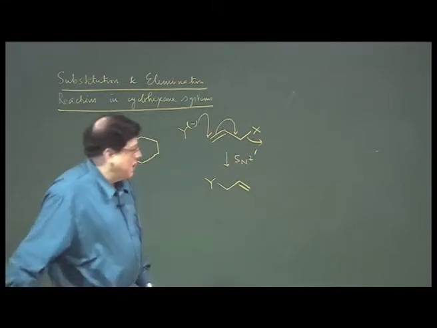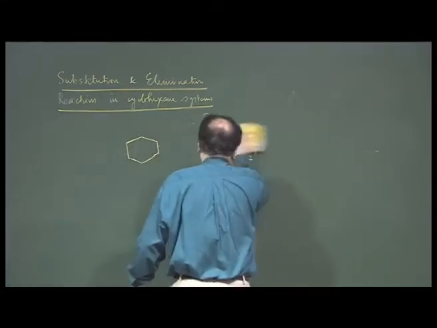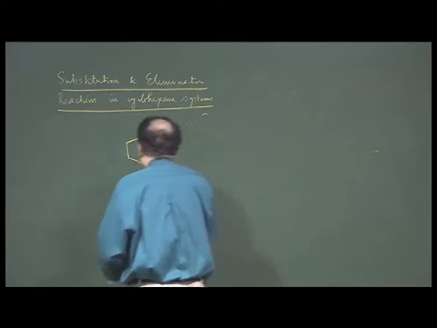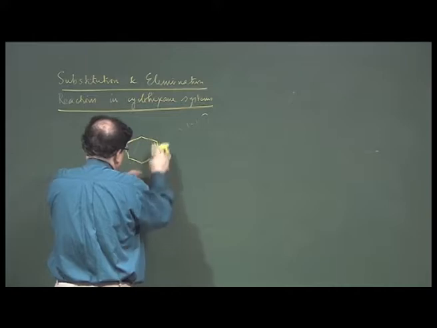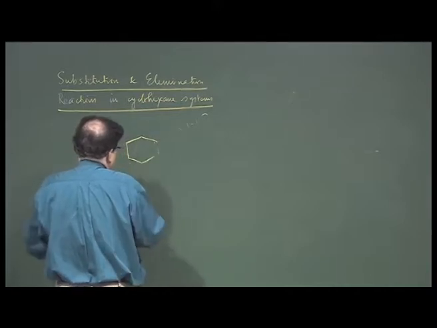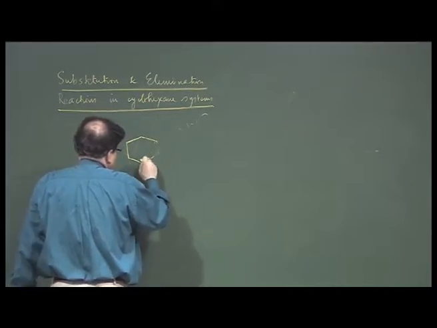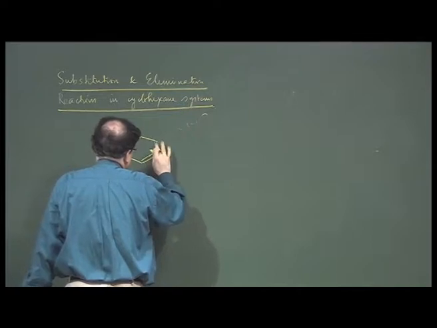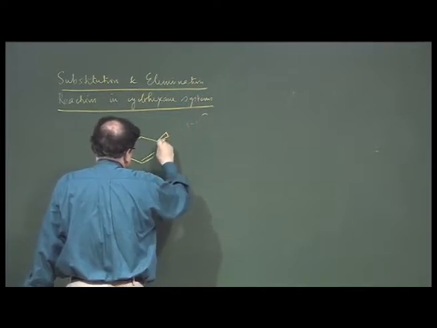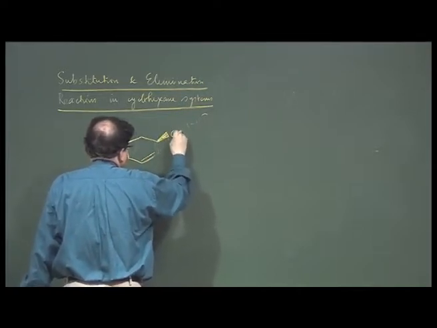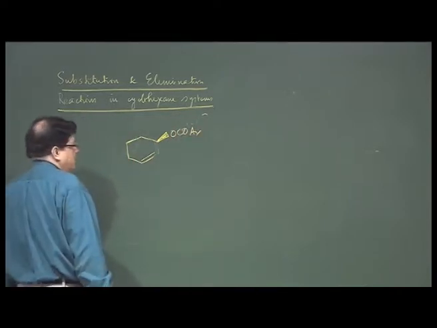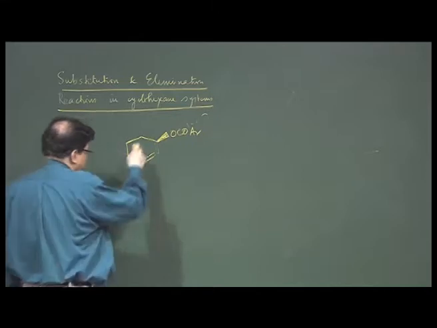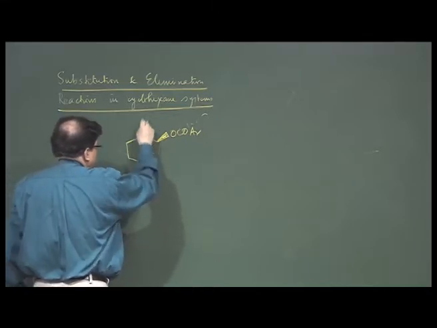Okay. In SN2 prime, in cyclic systems, see, if you have a cyclohexane kind of thing, and you have a leaving group here, OCOAr, a leaving group, an acetate, a benzoate kind of thing, and a group R here.